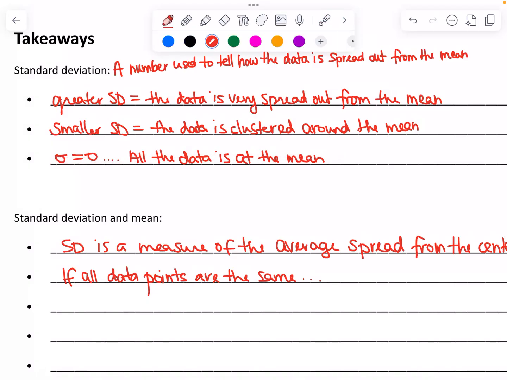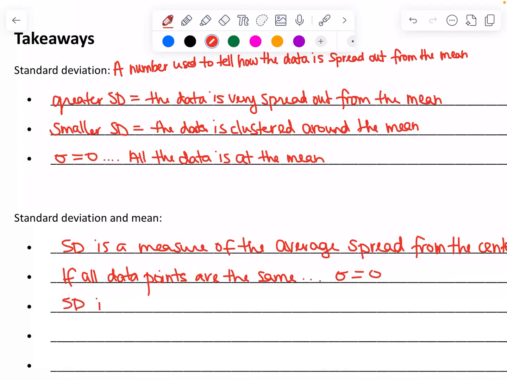Okay, let's do our next one. Oh, interesting. Okay, so the standard deviation is a non-resistant measure of spread. I just had to look up what non-resistant meant, and I'll tell you what it is.